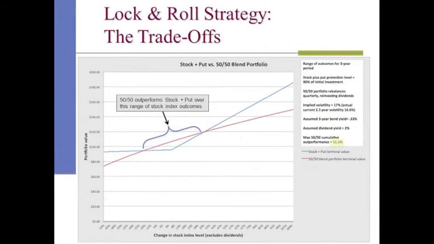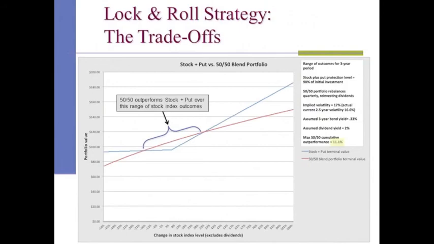So how does this lock and roll strategy, where does it give up and where does it gain? So what we're showing on this picture in red is a 50-50 stock bond portfolio. So its value is along the vertical axis. The value of the stock index is along the horizontal axis. So it's just basically a linear line with a slope of like a half.